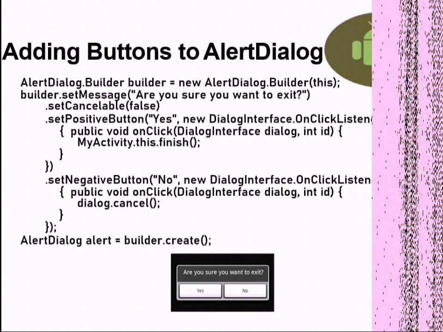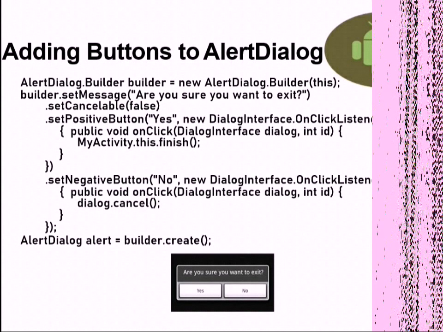For example, take this: are you sure you want to exit this application? If you click yes, then it should come out of the application, so the activity has to be ended. Or if the user clicks no, then the dialog can be closed. So you specify any kind of workable functionality inside that on-click method.